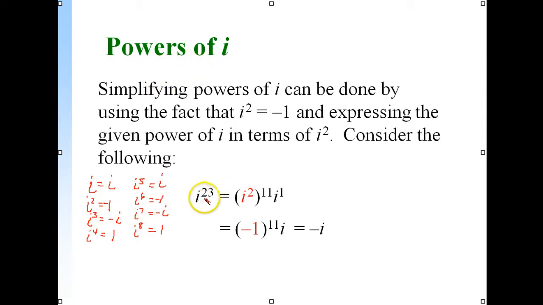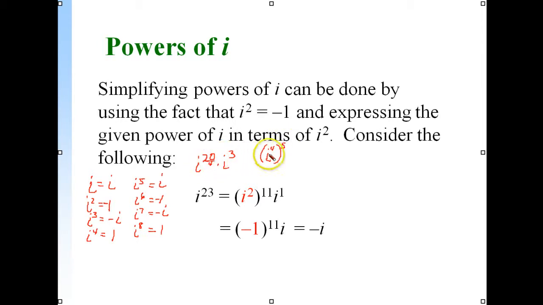So this is the pattern of how we deal with powers of i. So when we see something like this, what we mentally should do is say i to the 20th power times i to the third power. Now notice this is divisible by 4. This is going to be like i to the fourth raised to the fifth.